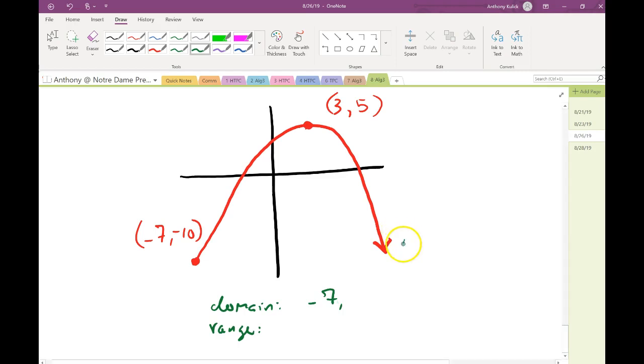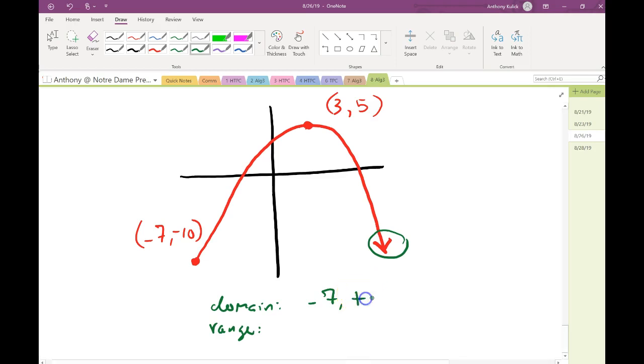Notice that this arrow at the end of the graph is pointing to the right and down. The fact that it's pointing to the right tells me this graph keeps going to the right forever, correct? So the last point used is going to have what for the x-coordinate?